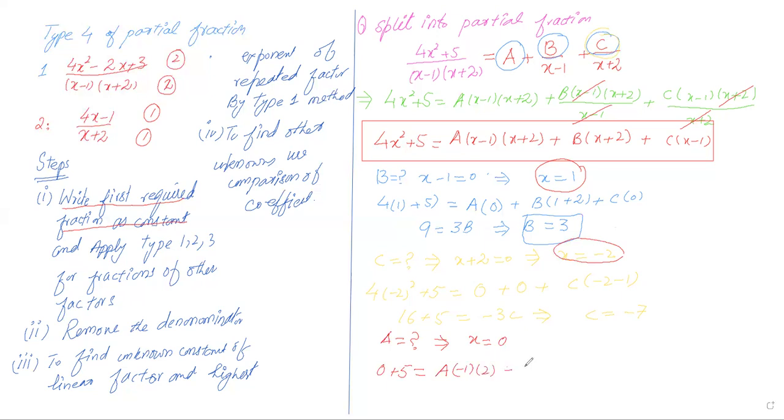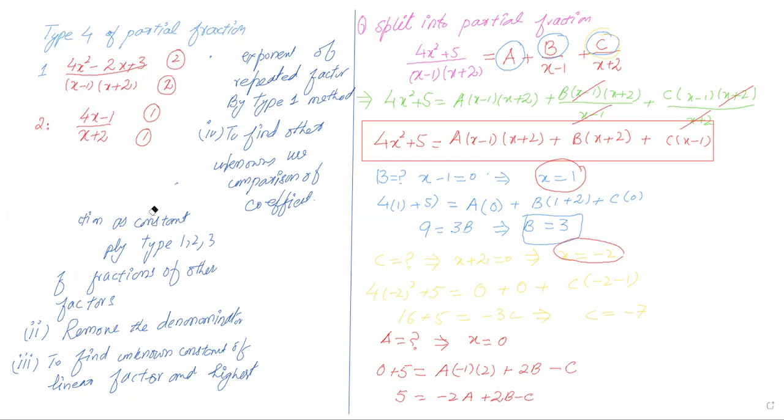Then I have B times 0 plus 2, that becomes 2B, and 0 minus 1, that becomes -C. So 5 is equal to -2A plus 2B minus C. The values of B and C I already have, so it's very easy to find the value of A.